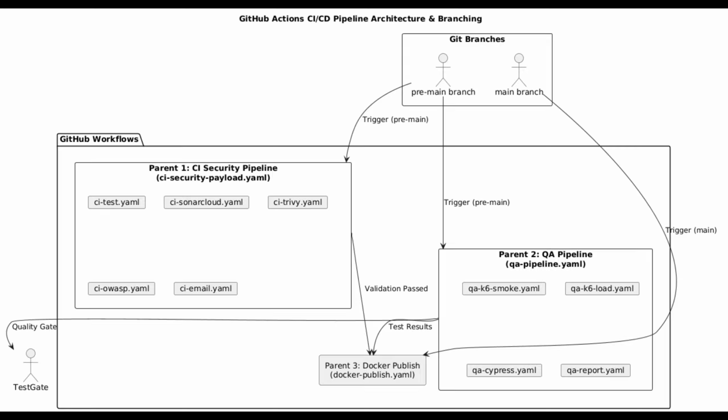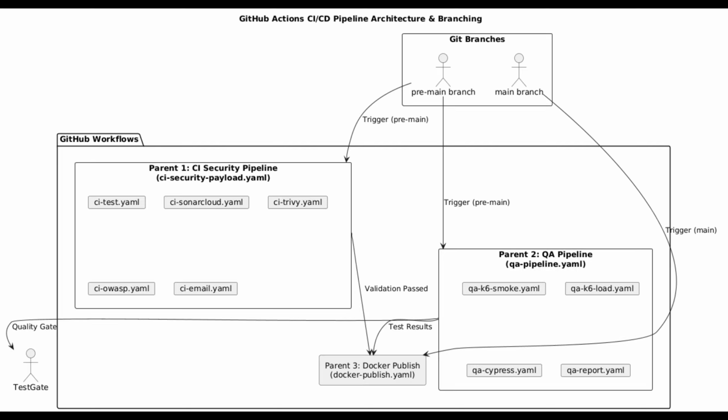So pre-main would trigger all of those things, including testing, SonarCloud, Trivy image scan, and Trivy file system scan. All of those are triggered, and the results are captured, saved in logs, and sent to my email.